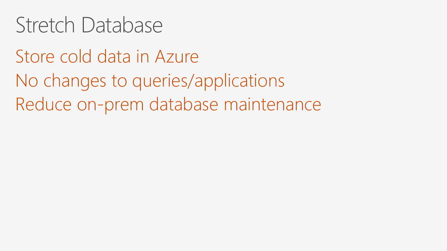It allows you to reduce your on-prem database maintenance time. So what happens is, let's say you've got, we'll use something easy, 1 terabyte of data, and you know that 90% of that is cold, not going to be updated. You also know that 90% of that is not read very often. However, for some reason, you have to keep that data.